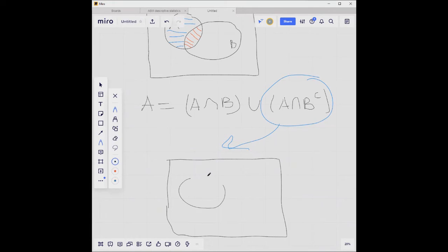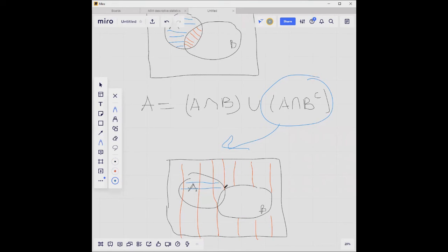So again, we have our sample space here, events A and B. First of all, let's color B complement in vertical red lines, sorry. So now we are going to color A in blue.